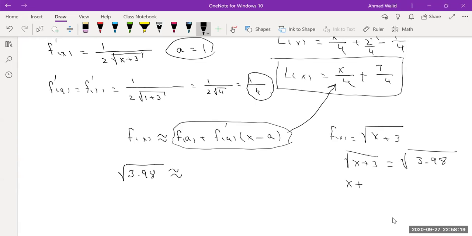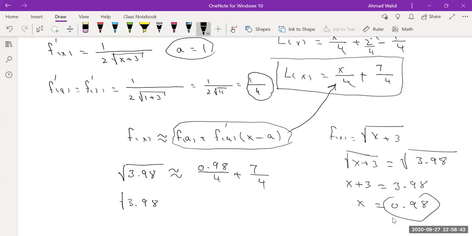It gives you x plus 3 equals 3.98. Subtract 3 from both sides, and x equals 0.98. That's my value of x. Let's plug it here. Then 0.98 over 4 plus 7 over 4.